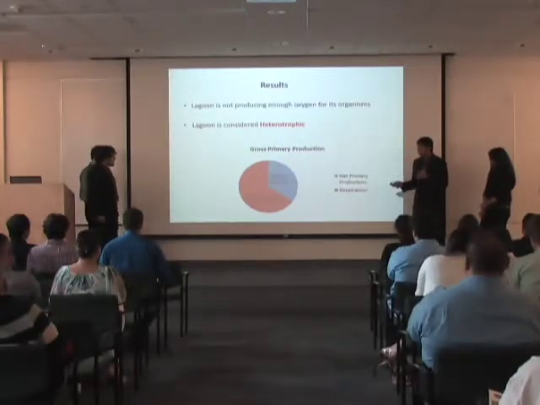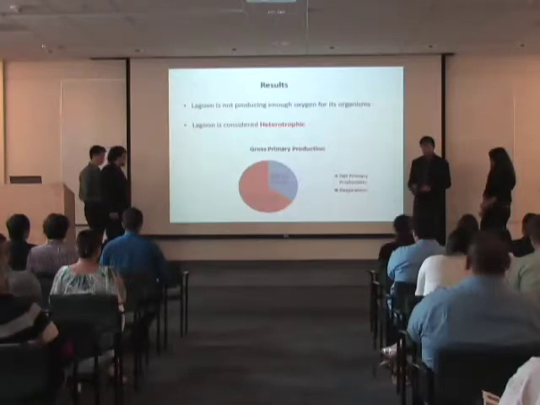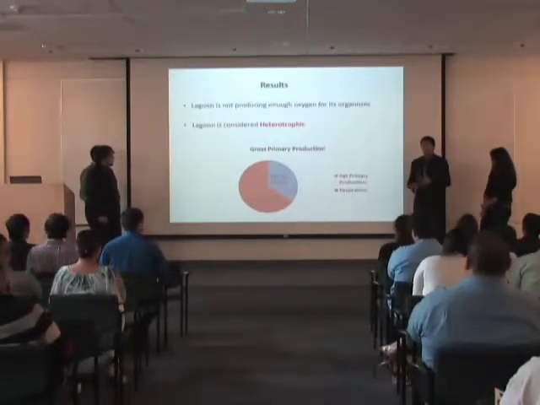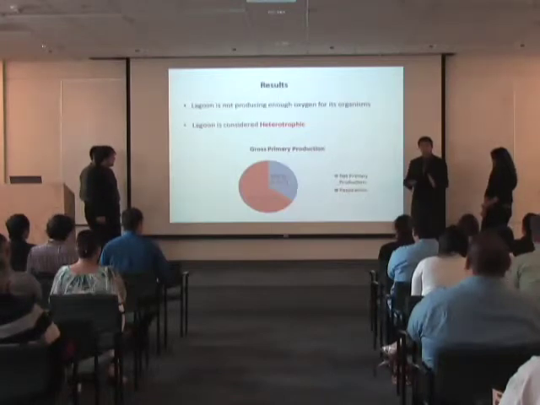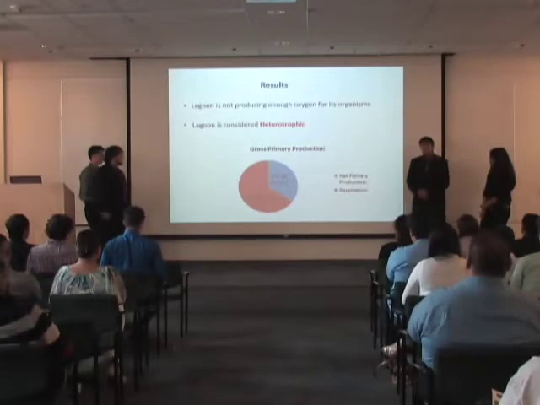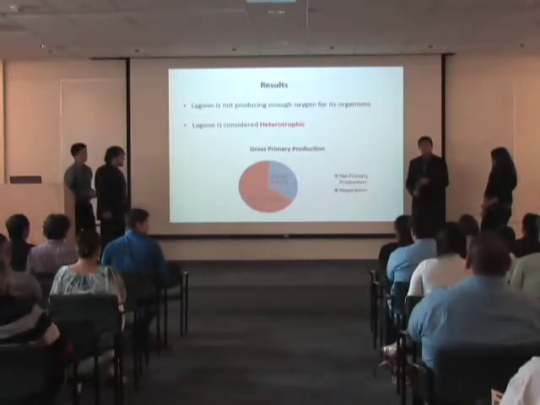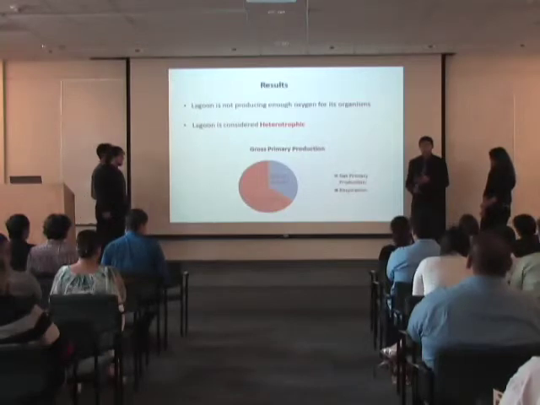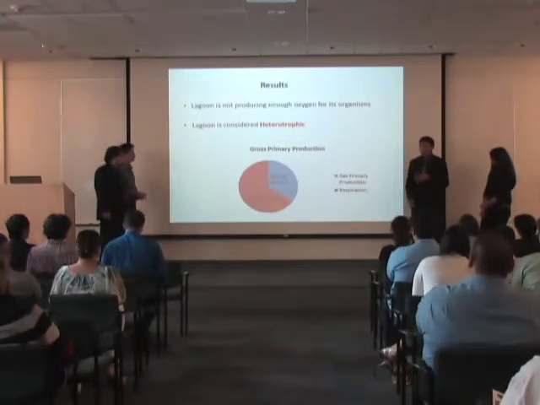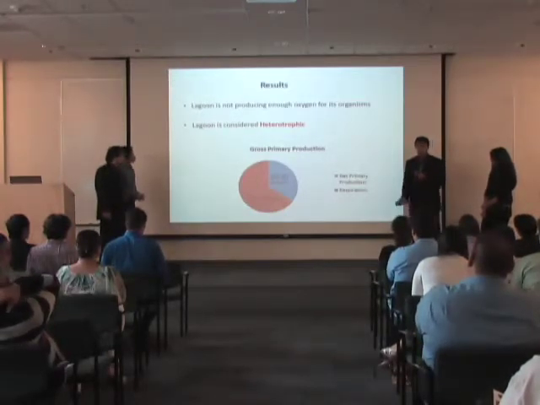And as you can see, there's more oxygen being used compared to what's being produced. So what that's telling us is that the lagoon, on average, is heading more towards the heterotrophic side. And that's strange because by observation we see lots of fish and algae and such. So we assumed it was going to be autotrophic from the start. It's pretty interesting to see that our results showed otherwise.